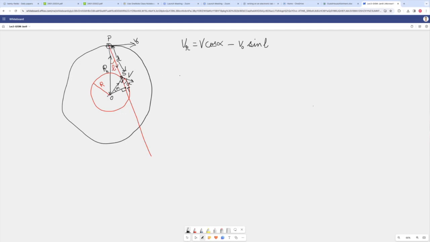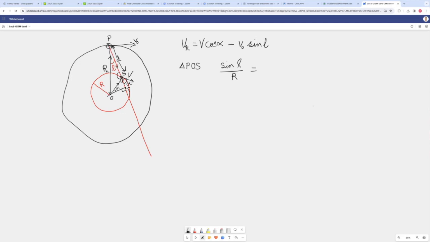Okay, so we can actually use the triangle POS and apply the sine law to it. We get sine L by R is equal to, so we need this angle.